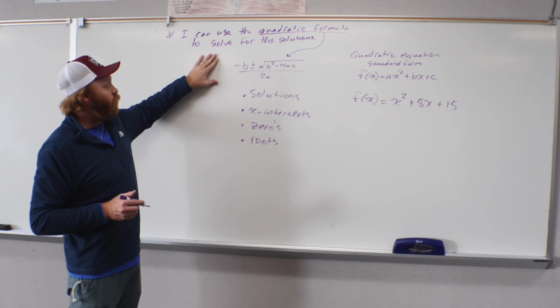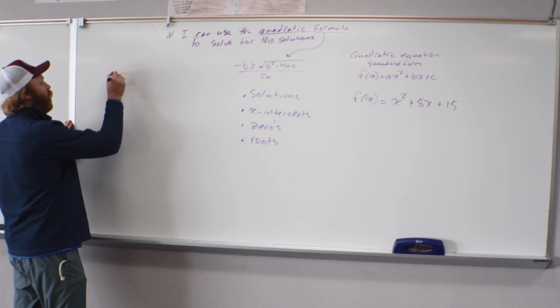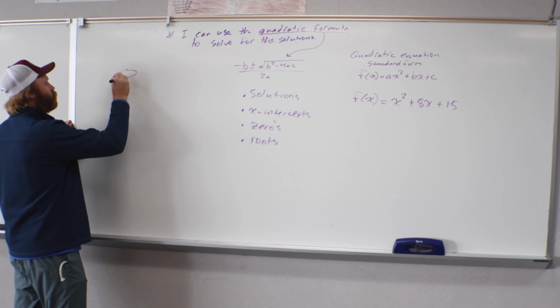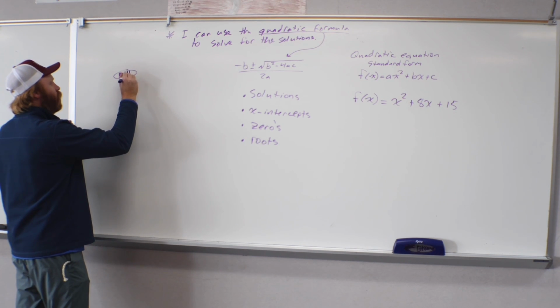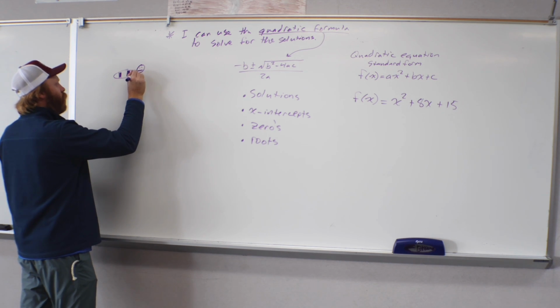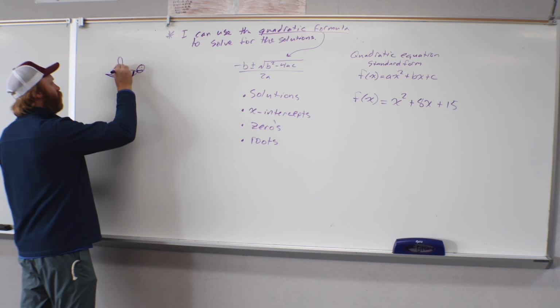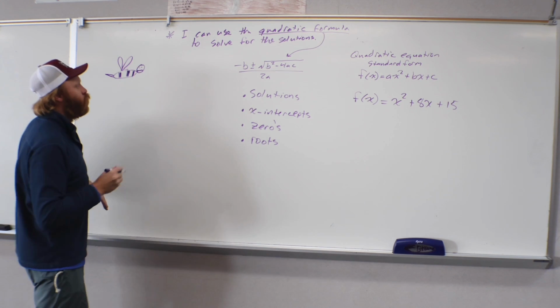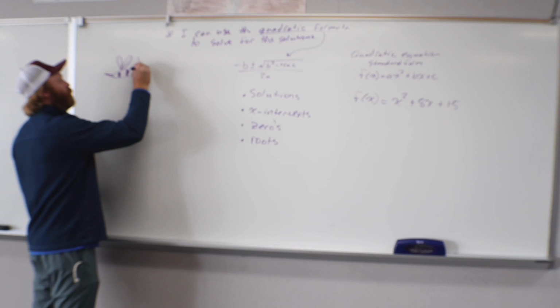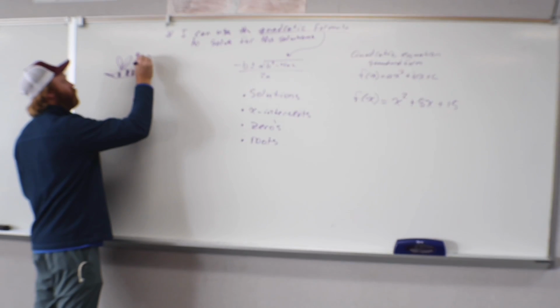The picture for this formula goes like this: negative b. So we're going to have a b, and since it's a negative one, it's going to have a negative frowny face. It's a b, so it has a stinger. And then our plus and minus, that's going to be the antennas. So we have a plus and a minus.